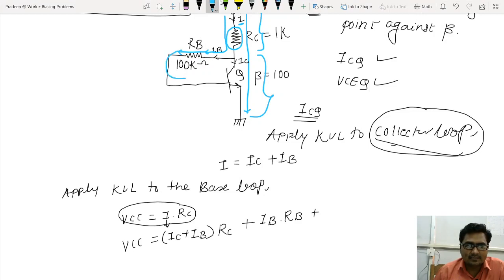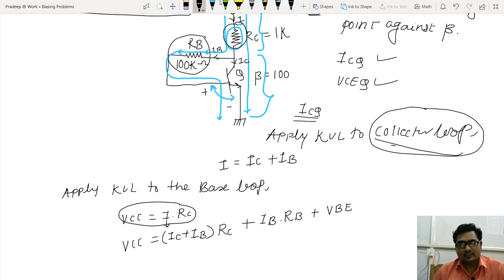The current is going into the base and then towards the emitter, that means ground. So the base to emitter voltage will also come into the picture. So it is plus VBE. How many voltages? The first voltage is across RC, another is across RB, and the third is across base to emitter, that is VBE.